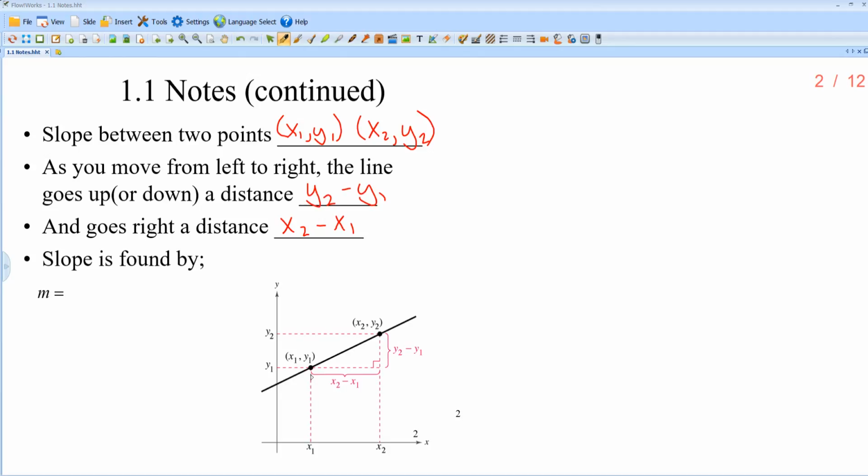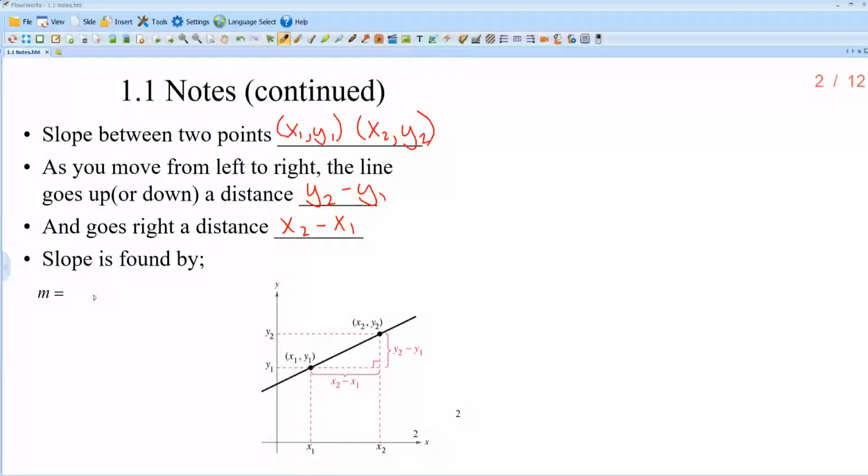If I have x1, y1, and x2, y2, the vertical change is the difference between your y values, and the horizontal change is the difference between your x values.